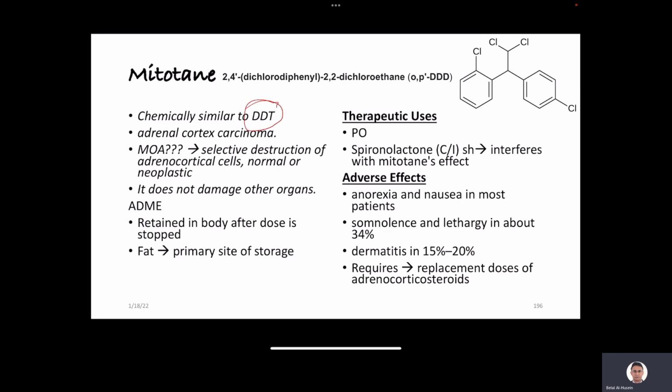DDT is a herbicide, and that was a big issue with DDT. Also, DDT is a carcinogen, not only a toxic compound.